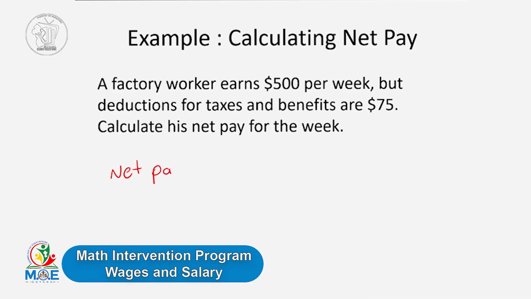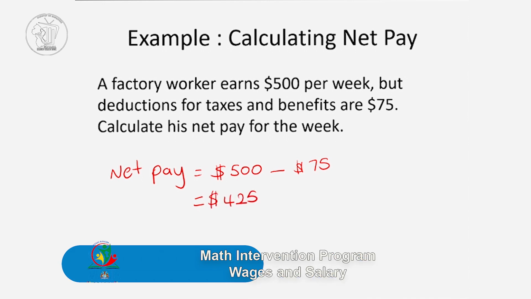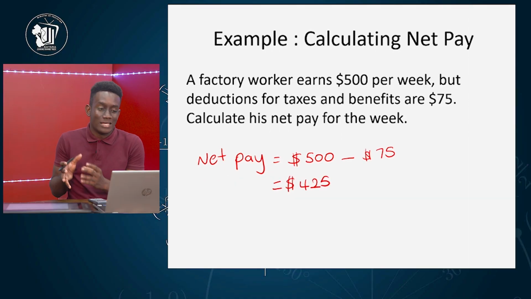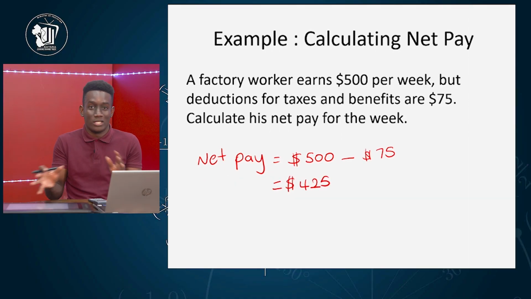So net pay for this factory worker would be his gross salary, which is $500, or gross wage, subtract the deductions that come out, which would be $75. So 500 subtract 75 would give us $425. And that would be this factory worker's net salary. The net salary is after all deductions come out.